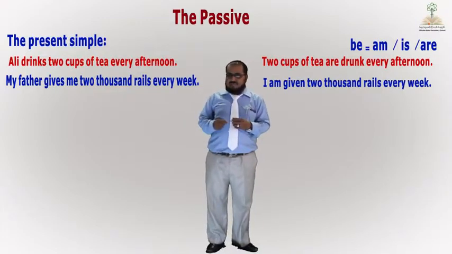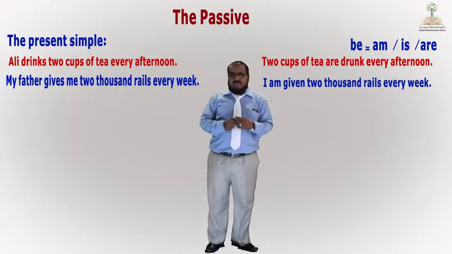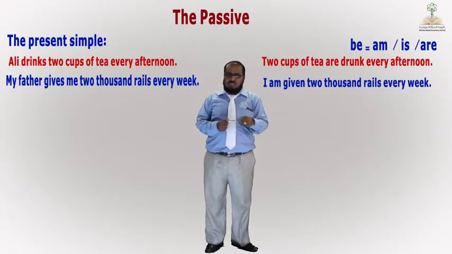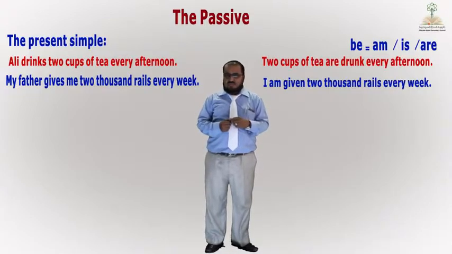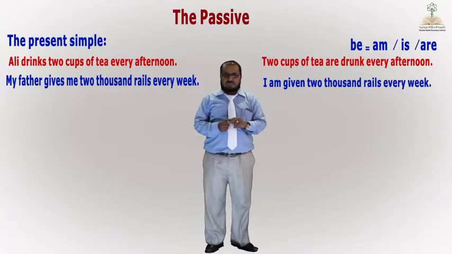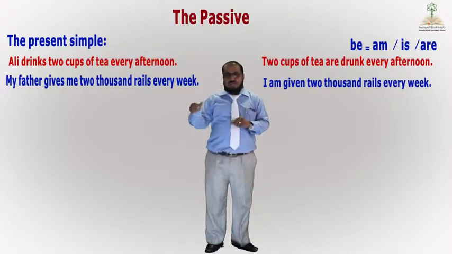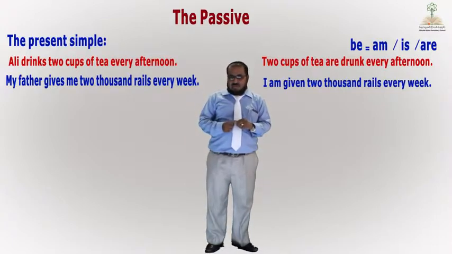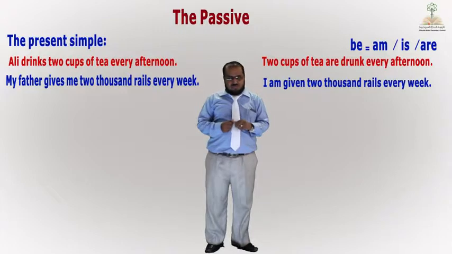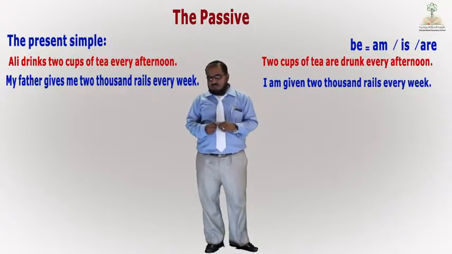Or this active sentence can also be changed into another type, because it has 2 objects, me and 2,000 Yemeni riyals. Let's start with 2,000 Yemeni riyals, okay?